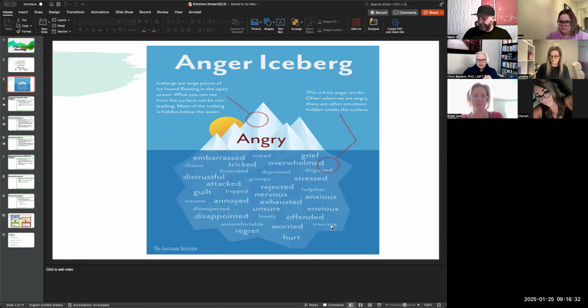There's a word on here at the bottom, it's very small: insecure, feeling insecure. This word at the bottom, feeling hurt, is one of them, and fear is a big one. Those particular emotions really power a lot of different reactions and responses. So if you can figure out what those are, that really helps quite a bit.